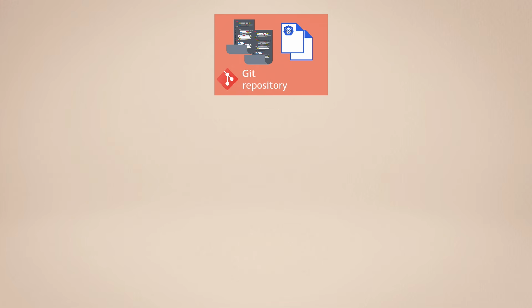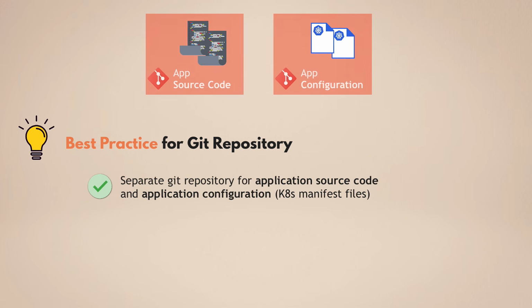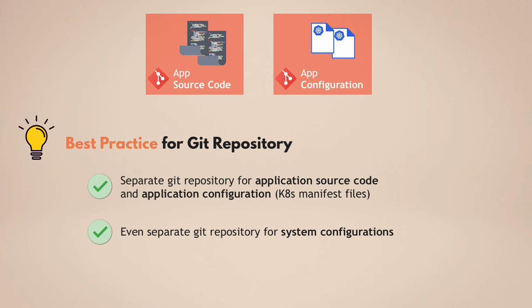Now, a very important note here about repositories is that it has been established as a best practice to have separate repositories for application source code and application configuration code. So Kubernetes manifest files for the application would be hosted in its own Git repository.